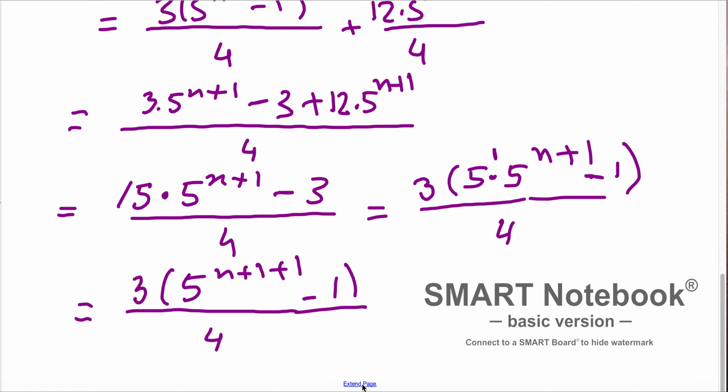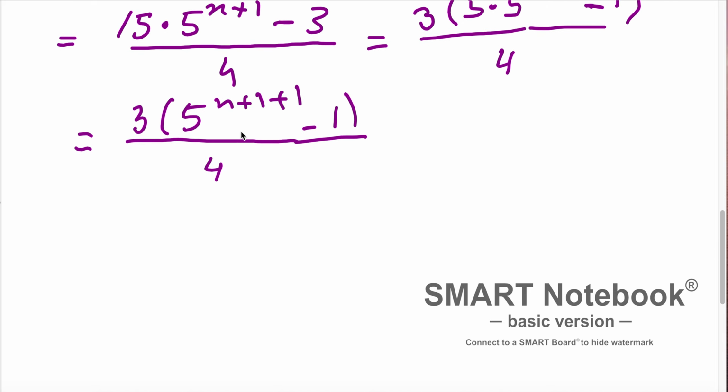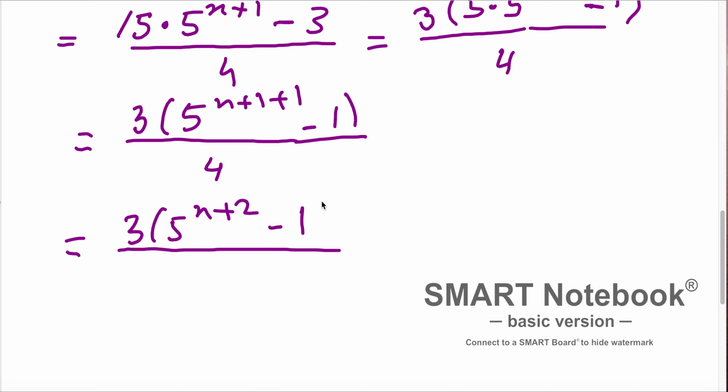Now finally, let me do one extra step. I went too far. Finally, we can add those exponents, and this is 3 times (5^(n+2) - 1) divided by 4. So this holds.